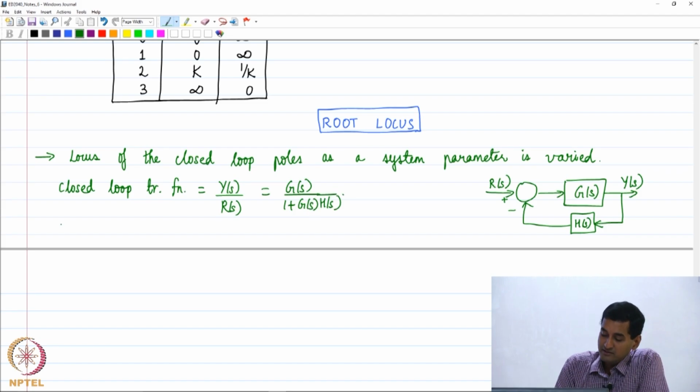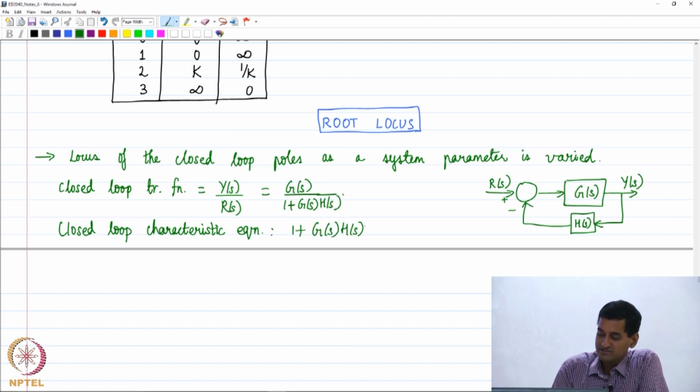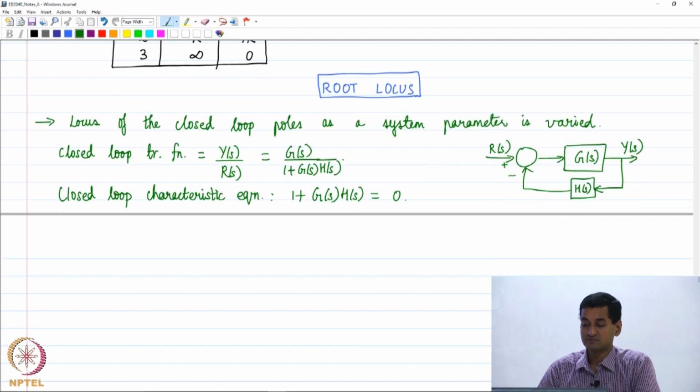Okay. So immediately we know that the closed loop characteristic equation is given by 1 plus G of s H of s is equal to 0. That is the closed loop characteristic equation. Because 1 plus G of s H of s is what is called the closed loop characteristic polynomial, and 1 plus G of s H of s equals 0 is what is called the closed loop characteristic equation.